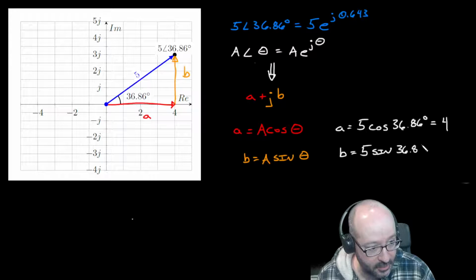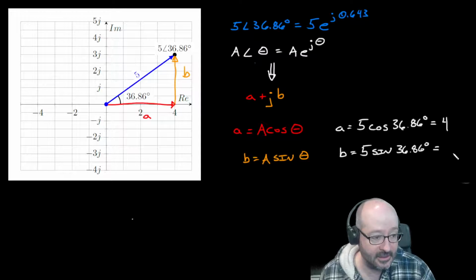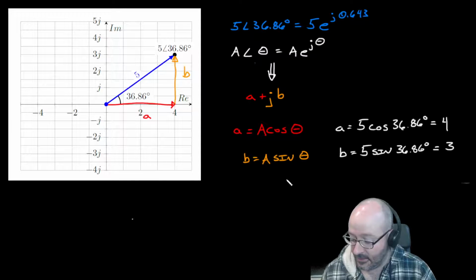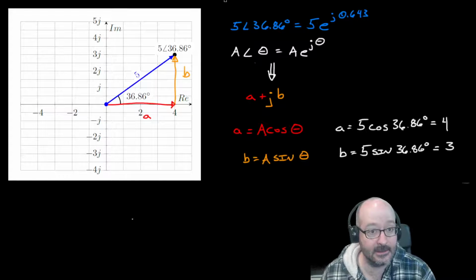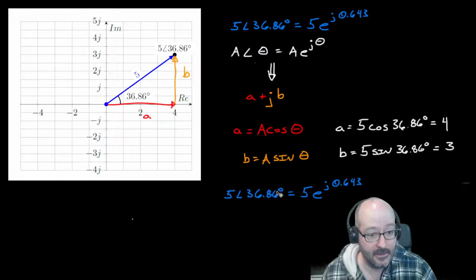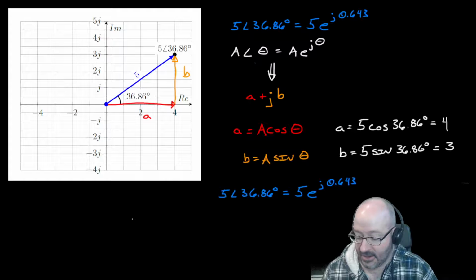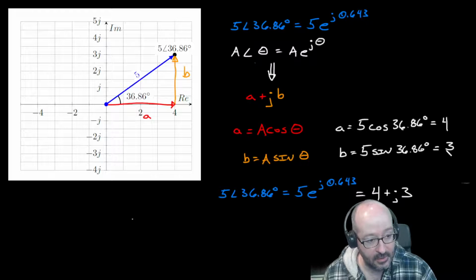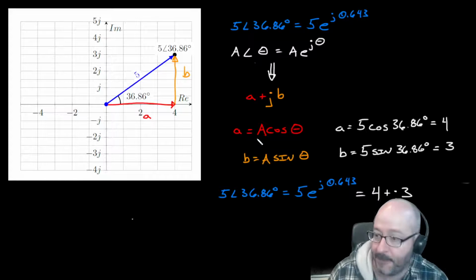You can use the radian one, just make sure you change the mode of your calculator, and you'll find that that's positive 3. So we can put that together and say that that point is equal to 4 + j3, using those components in this form.